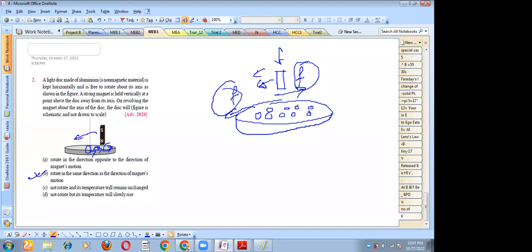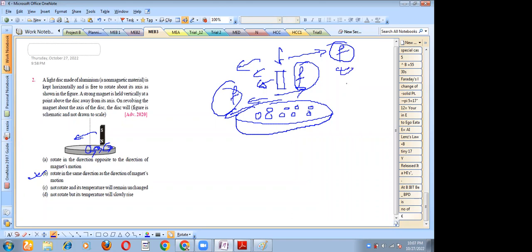Suppose it is moving in this direction, so the damping force will act in this direction on the magnet. Understood? Yes, sir. Now, from Newton's third law, the force on the disc will be in the opposite direction of this force, right?